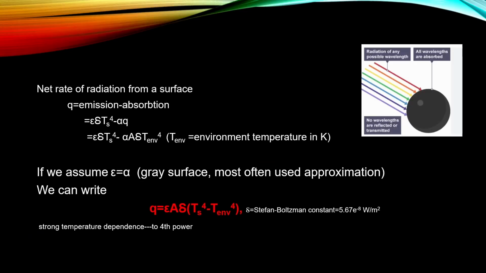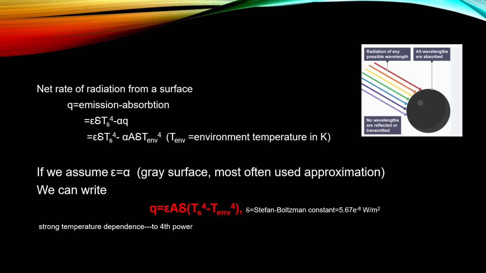Every body is emitting radiation to the environment based on its temperature, but every body has another feature also. They are absorbing radiation from the environment. This absorption is proportional to the fourth power of the temperature of the environment.